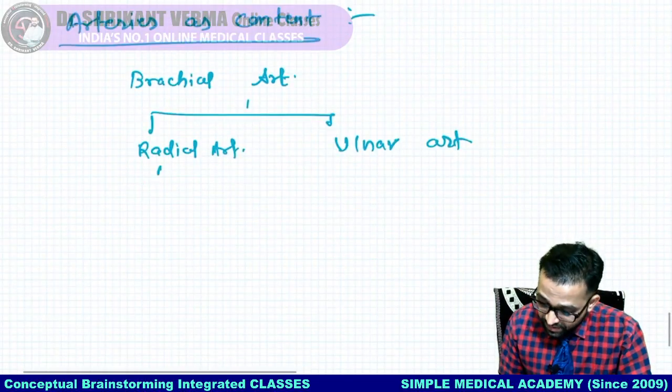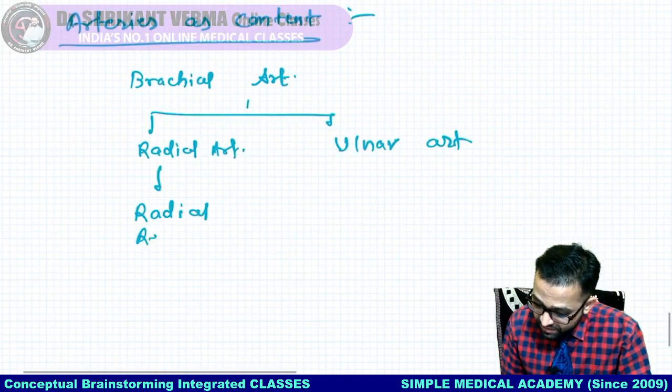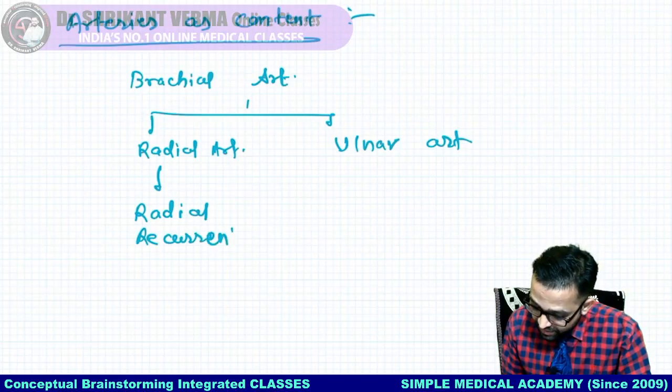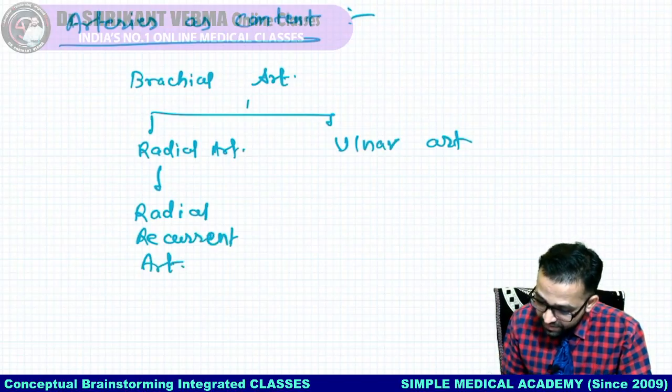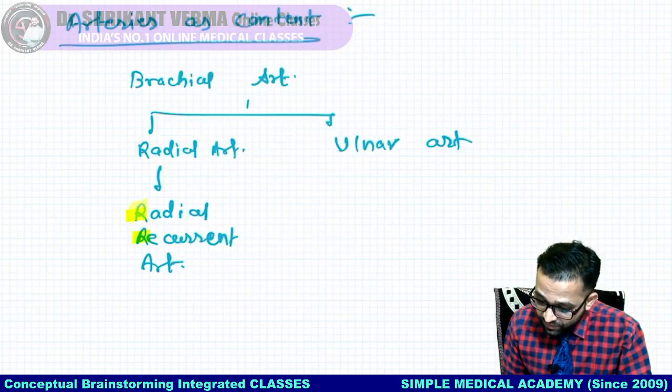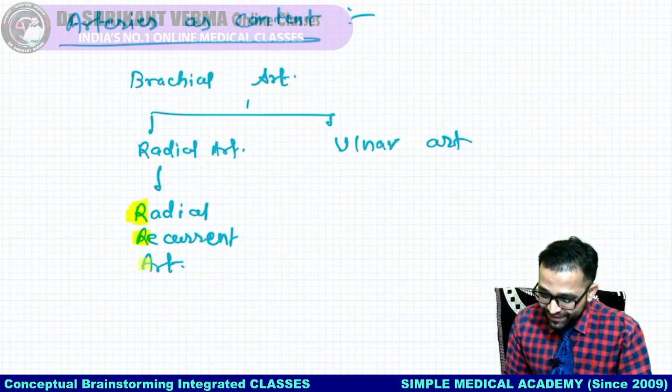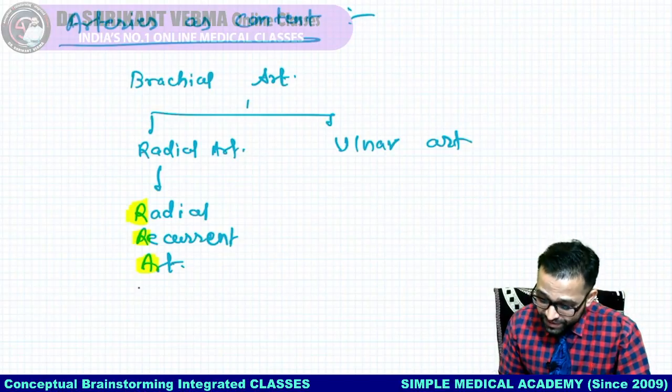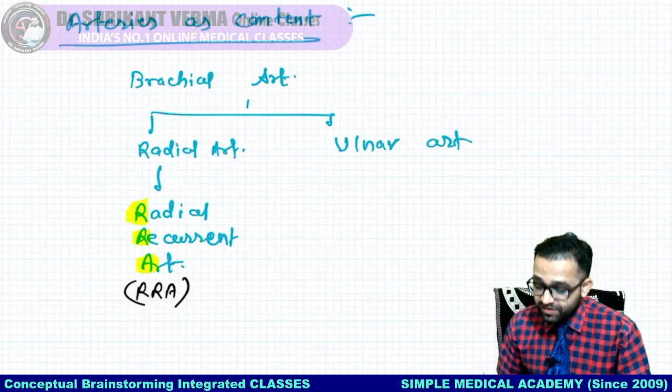Fine, sir. The radial artery is giving only one branch, that is the radial recurrent artery. Okay, so it is very good that it is giving only one branch, so it is a friend for us. Okay, it is not making any complication, we are saying just RRA.